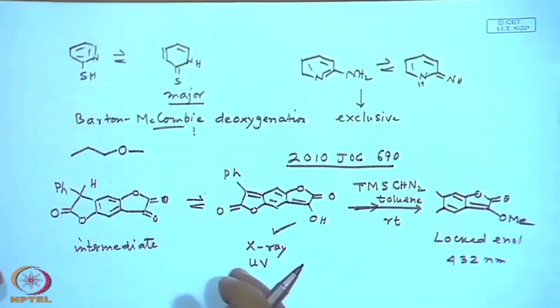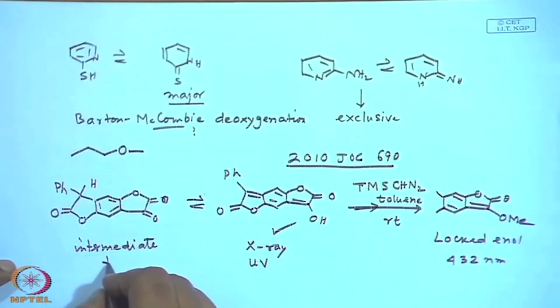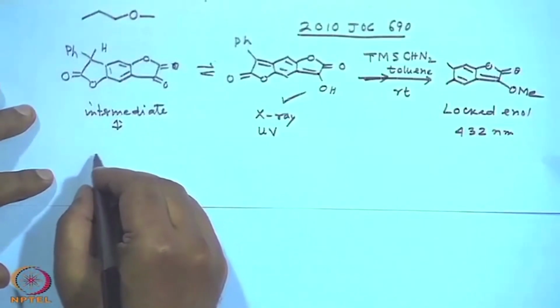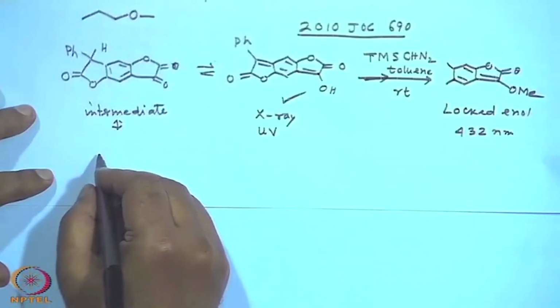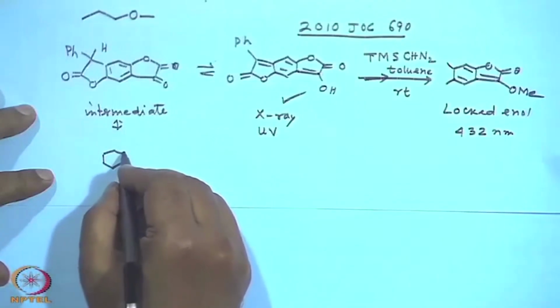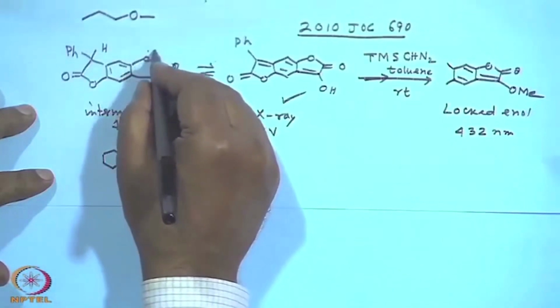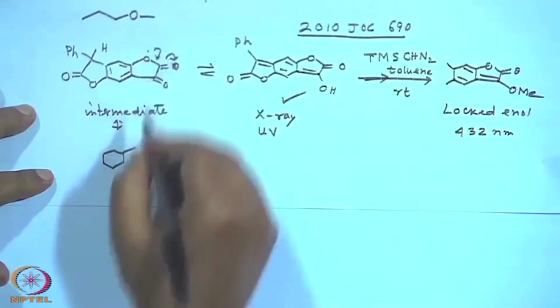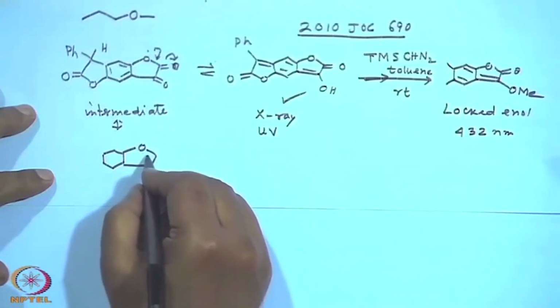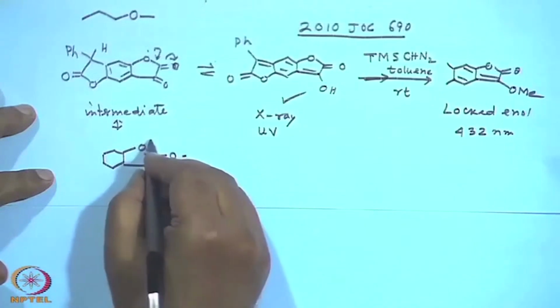If you draw the resonating structures of this molecule, what you will find is this resonating structure here. So, you have a 5 member ring and oxygen, and this is nitrogen.